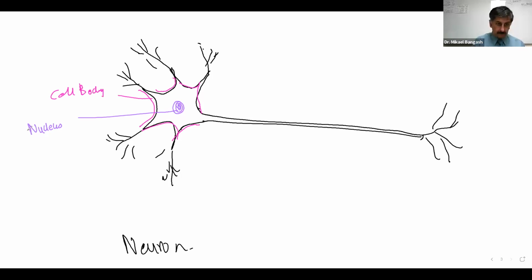Now you may see these processes here. Let's just say use one or two of them. They're going to be referred to as being the dendrites.